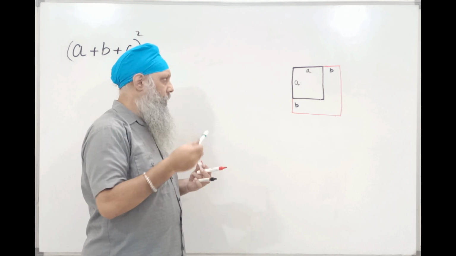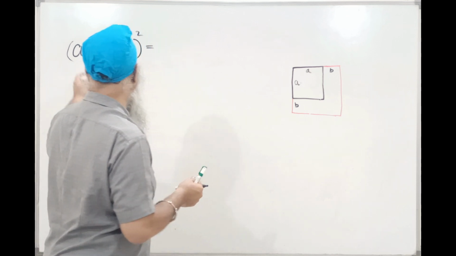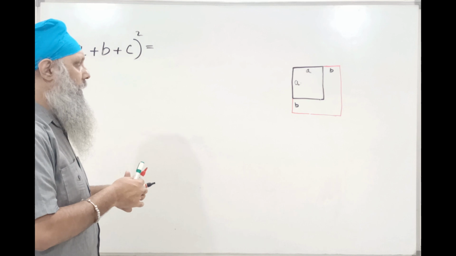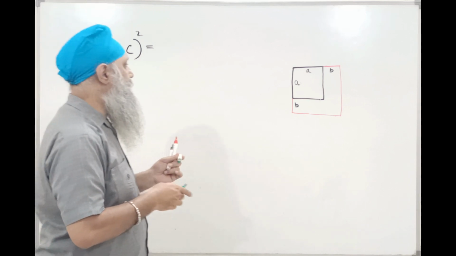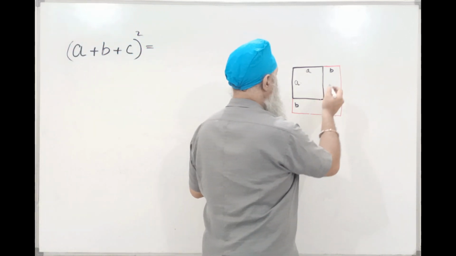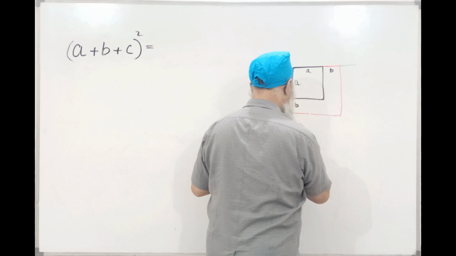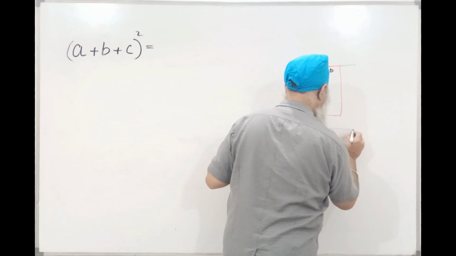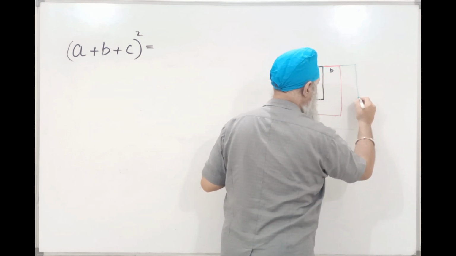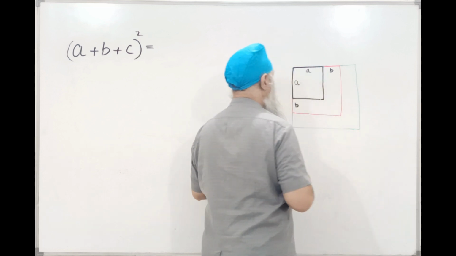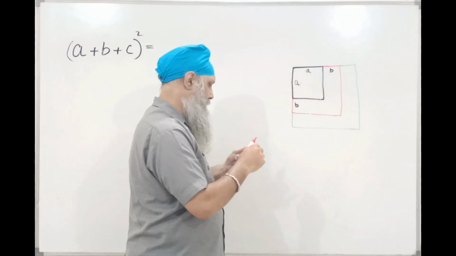So now, because today it is not (A + B) whole square but (A + B + C) whole square, we extend it by C. Extend it, and the new bigger square is formed.